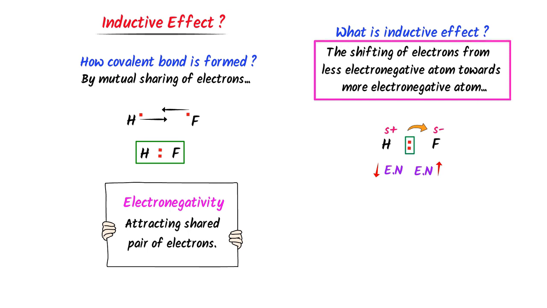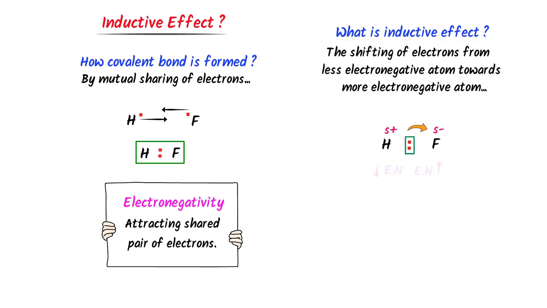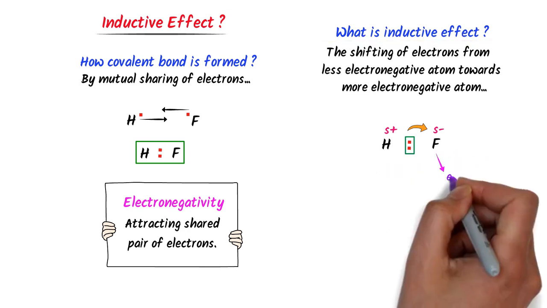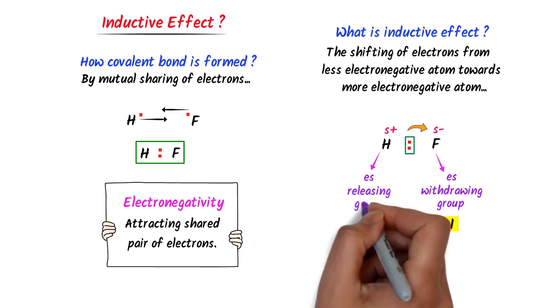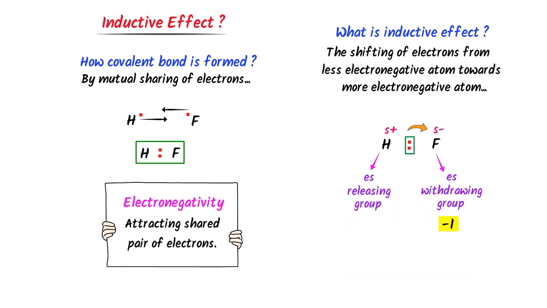The shifting of electrons from a low electronegative atom towards a high electronegative atom in a covalent bond is called inductive effect. Here, this fluorine is known as an electron withdrawing group and we represent it by negative I, while this hydrogen is known as an electron releasing group and we represent it by positive I.